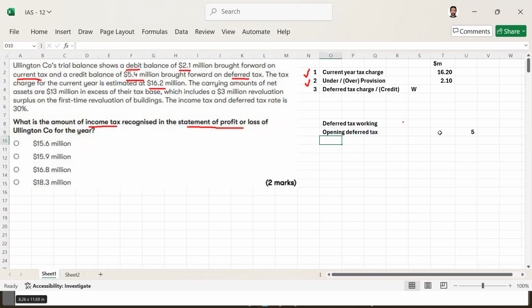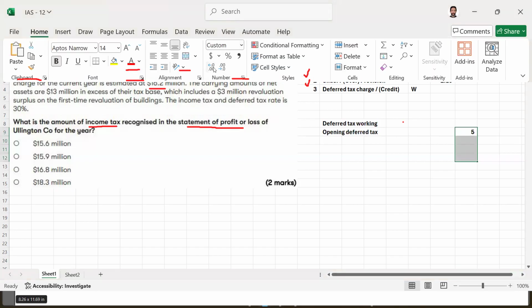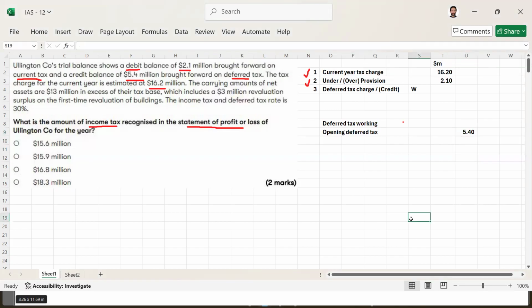Let's see. I will correct this figure. Actually, I've rounded these figures, so this is 5.4 million. Now if we go back, this is the opening figure.